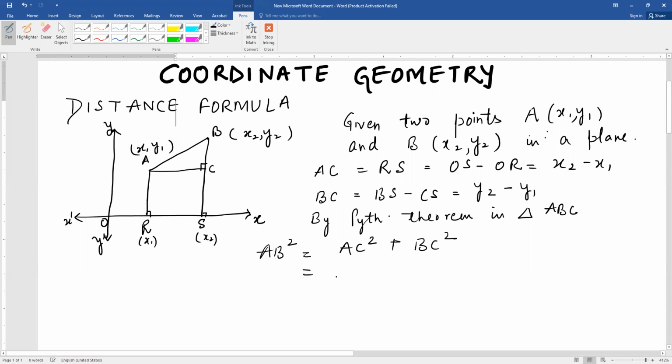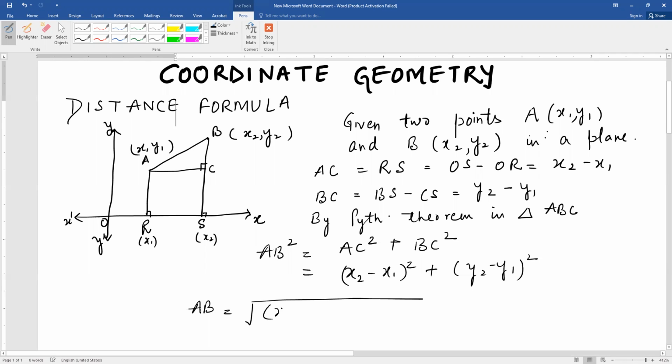Now what is AC square? AC is x2 minus x1 का whole square. And what is BC? y2 minus y1 का whole square. Therefore, what do we have? AB is equal to, we will take under the root, x2 minus x1 whole square plus y2 minus y1 whole square. So this is the distance formula which you have to remember.